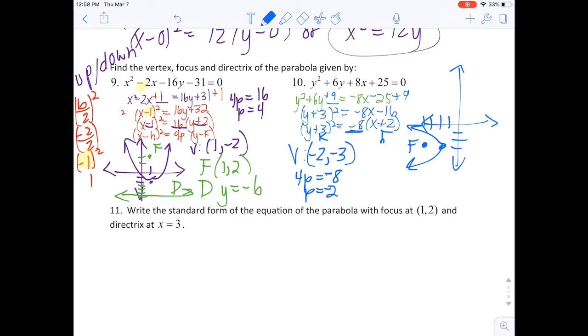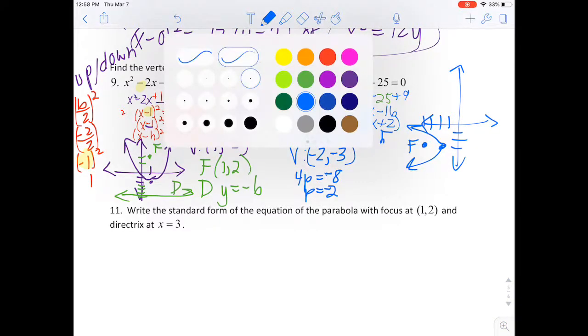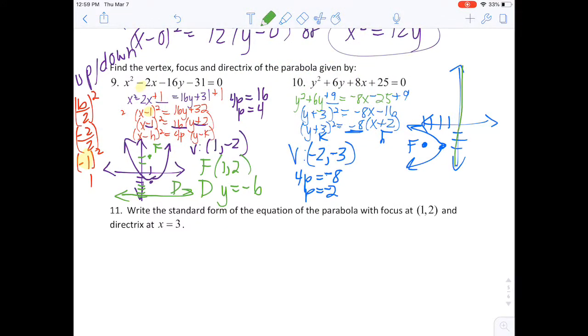There's your focus. There's the directrix right there. So focus is at the point negative 4, negative 3. Directrix is at x equals 0.